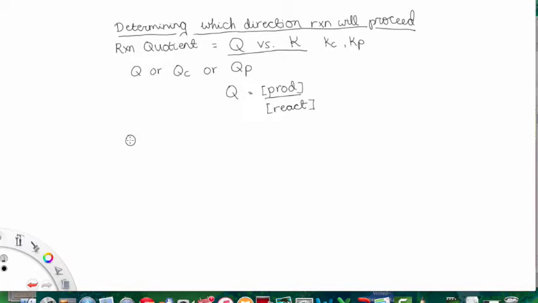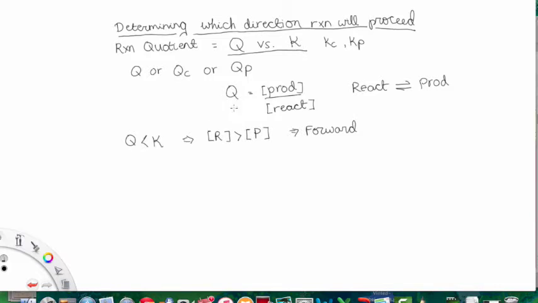So if Q is less than K at some time during the reaction, then that means that the concentration of the reactants is greater than the concentration of the products. What does that mean? The forward reaction is favored, meaning that more products would be made. So let me draw out the reactant to product like so.